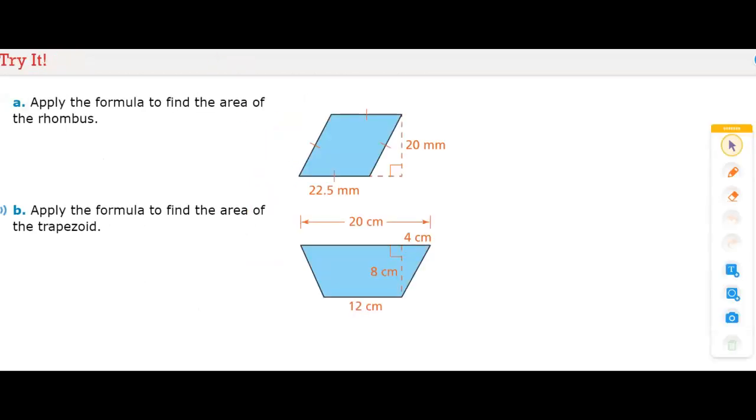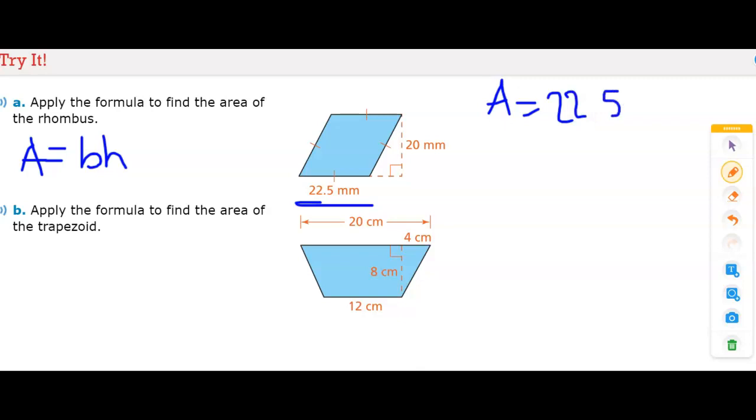Part A. Apply the formula to find the area of the rhombus. The formula is area equals base times height. So let's substitute the variables. So for B, our base will be 22 and 5/10. So we have area is equal to 22 and 5/10 times our height, which is 20.